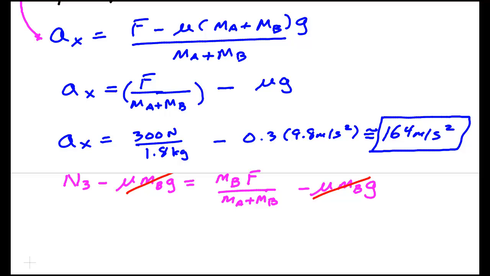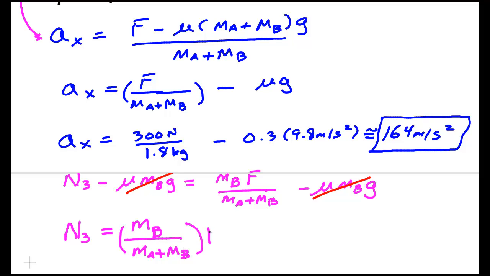So, solving this, what you find is that the force that's needed to be applied between the two blocks is the fraction of the second block's mass that's not getting the force applied to it from the external object, the 300 Newton force, divided by the total mass of the system.